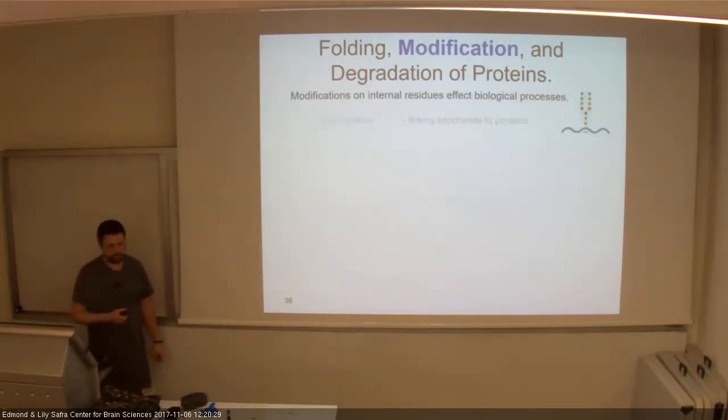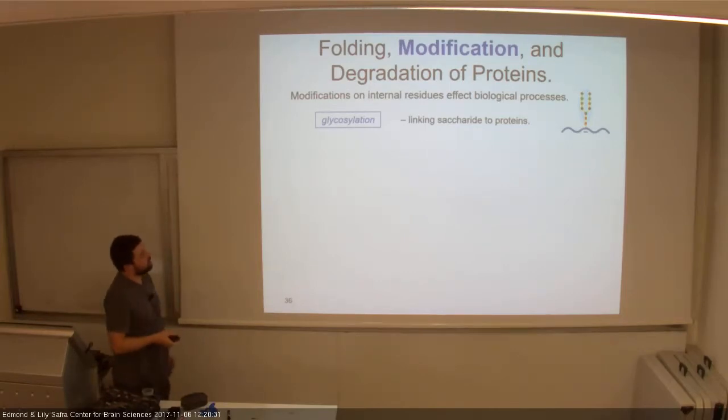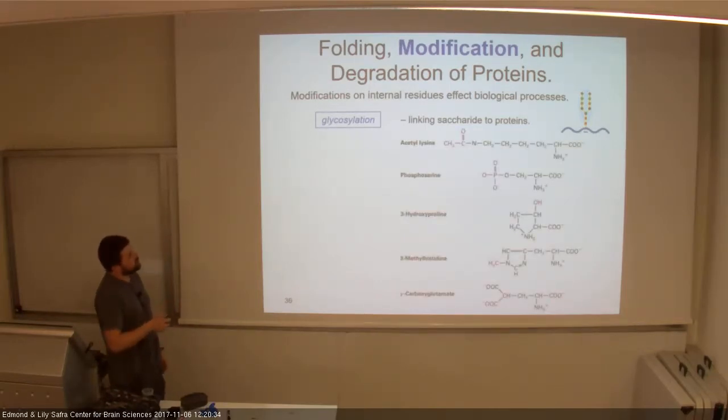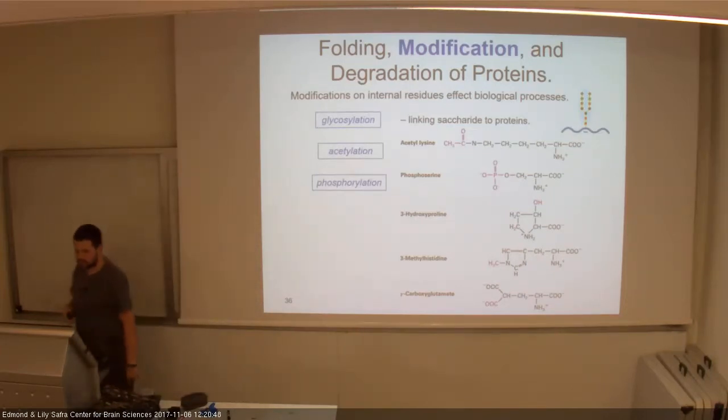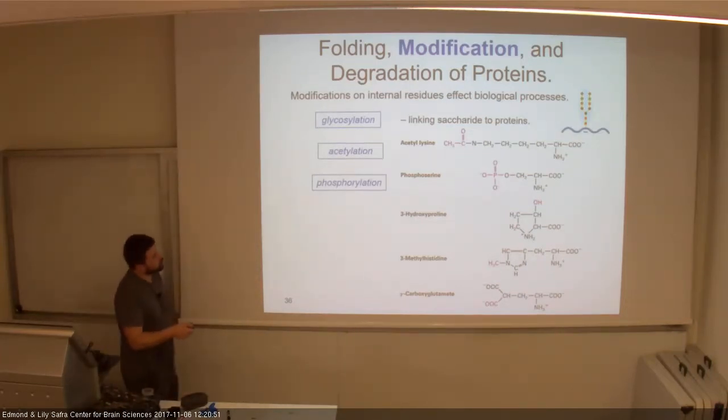Other types of very common modification: glycosylation is one of the examples where saccharides can be linked to proteins. You can have again acetylation, like I told you before. Phosphorylation is very common. Adding a phosphate to amino acid groups of the protein, a lot of times serine, can mark this protein or activate a protein also.